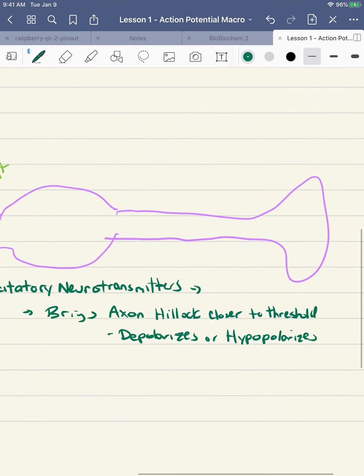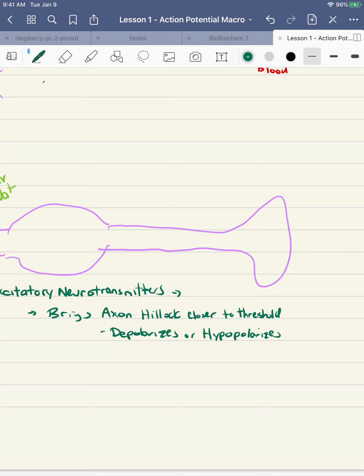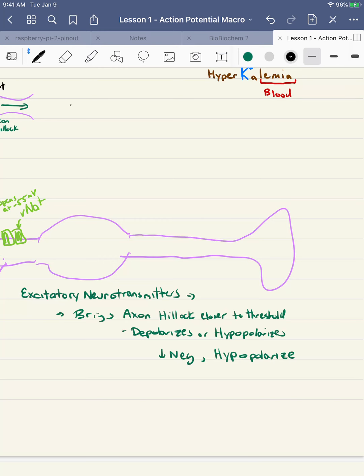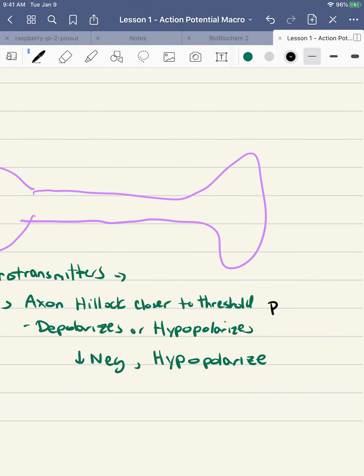And we say that if a cell is less negative, we say it's hypopolarized. Some instructors use the term depolarized. Either way, it means the cell's less negative. A good way to remember this is I like to think that polar means negative, and everything makes intuitive sense.